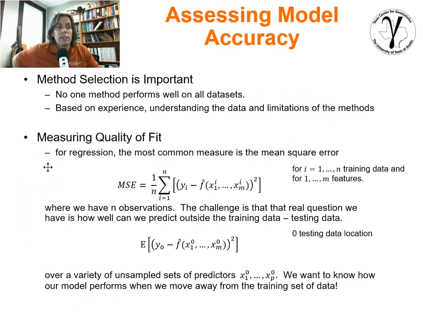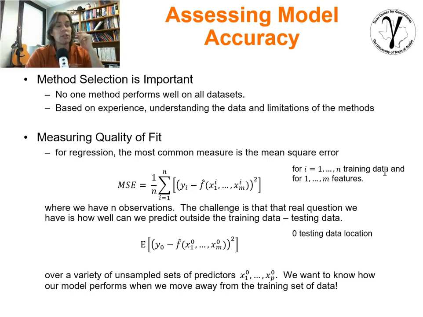So we're going to try to measure the quality of our fit, and we'll use an equation like this, mean squared error, where we're just taking the average of the squared difference between the data values and the model, and you'll recognize immediately that that looks exactly like our concept of estimation error. And so we can go ahead and calculate this over the training data as we're building the model. We'll minimize this perhaps in order to get the best model fit to the training data.